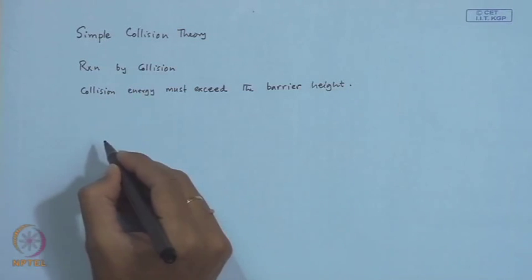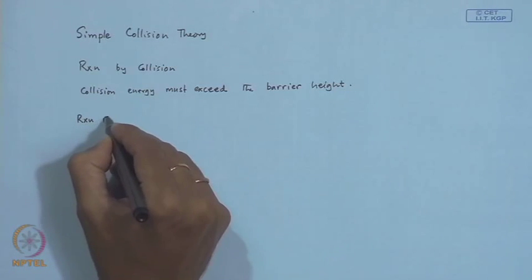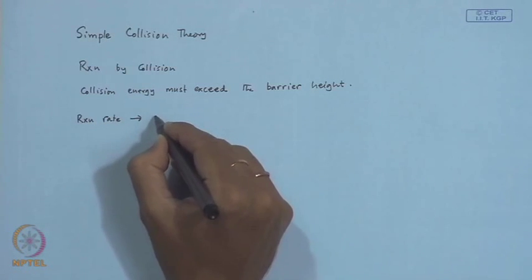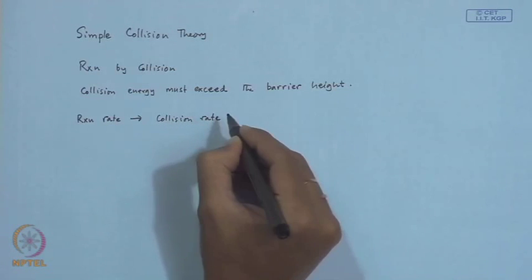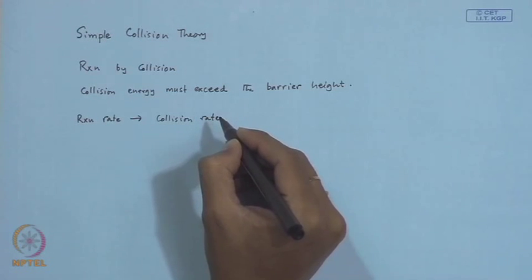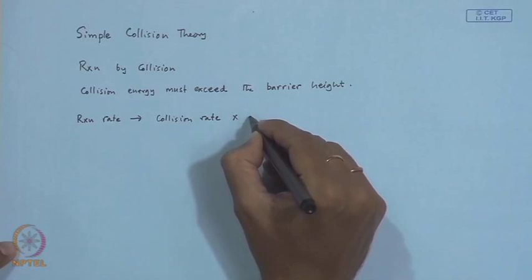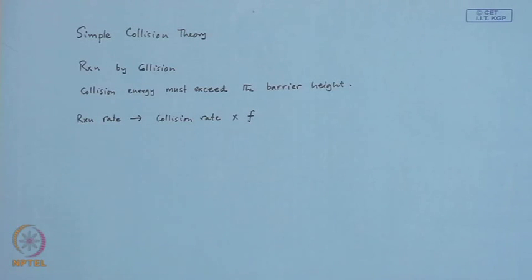Okay. So, the reaction rate can be written as the collision rate times a factor f, which represents the fraction of collisions with energy exceeding the barrier height, that is E0.